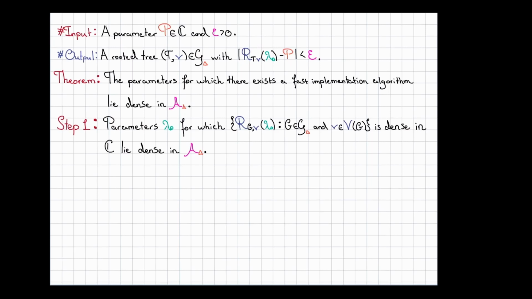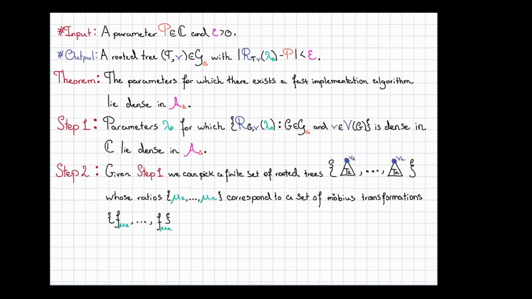But this is not so hard to show. It's easy to show again that if this is not the case, then these ratios are uniformly bounded near a parameter, which again would prove normality, which would contradict being near the activity locus.